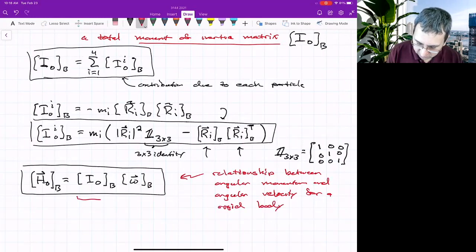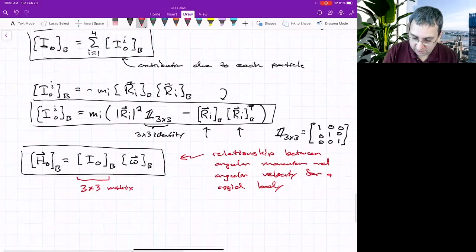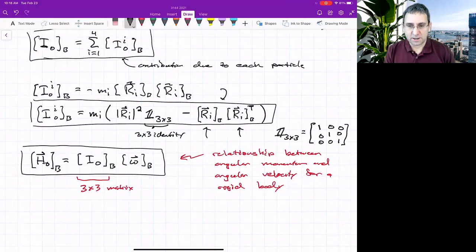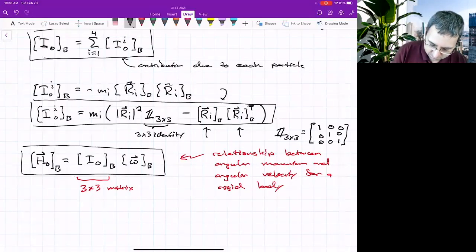We've got this matrix in here, which it turns out the moment of inertia matrix is a symmetric matrix, but this is still just a 3x3 matrix. And we'll talk about its properties more later. Maybe right now, it'd be good to just compare how this looks compared to the linear momentum and its relationship to the linear velocity.